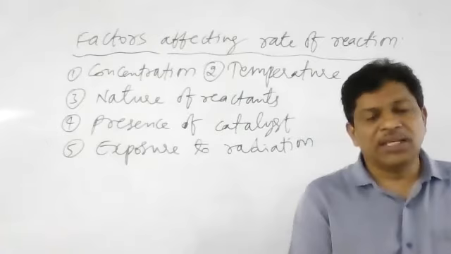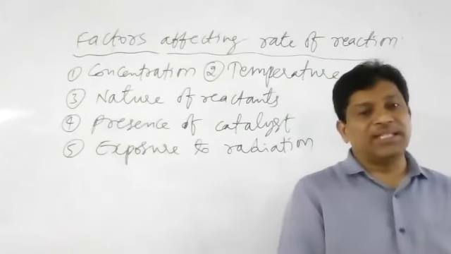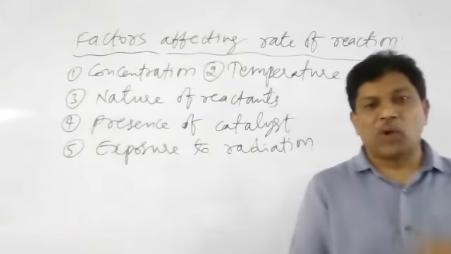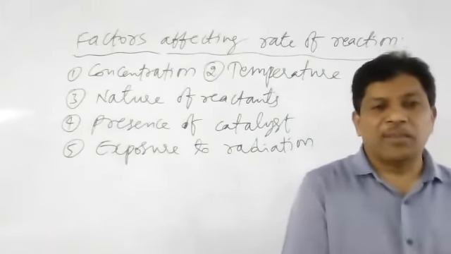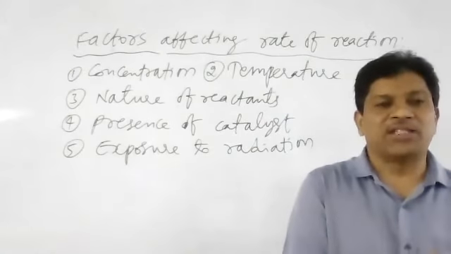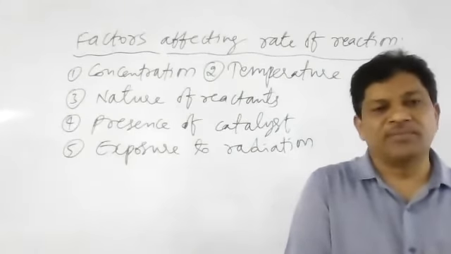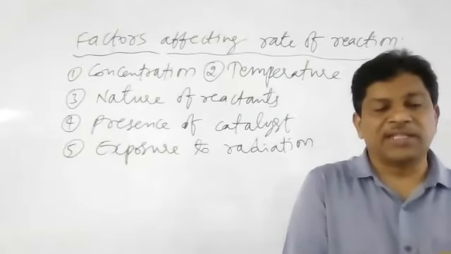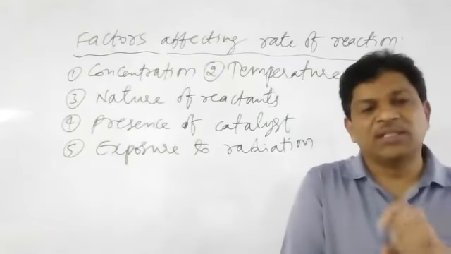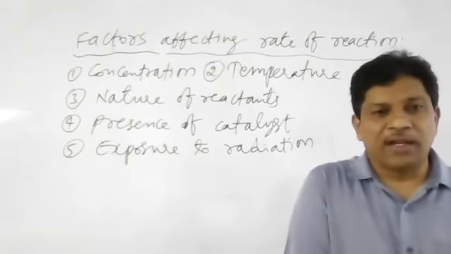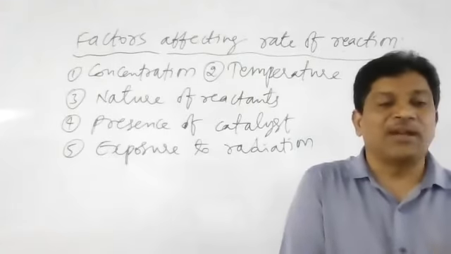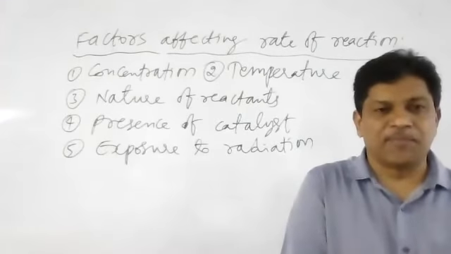Is that clear? See here, some catalysts will increase the rate of reaction. They are called positive catalysts. And some other catalysts will decrease the rate of reaction. They are called negative catalysts, or poison we say. They are inhibitors. Inhibitors means they inhibit the reaction. Some catalysts act as negative catalysts, which are called inhibitors.